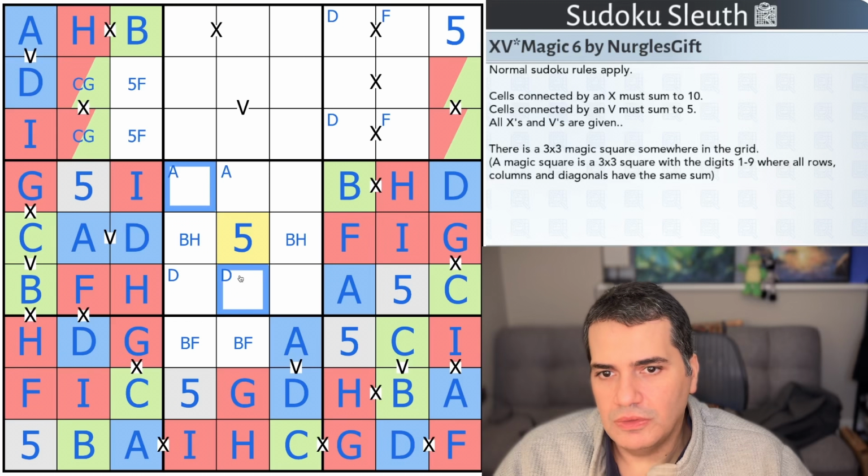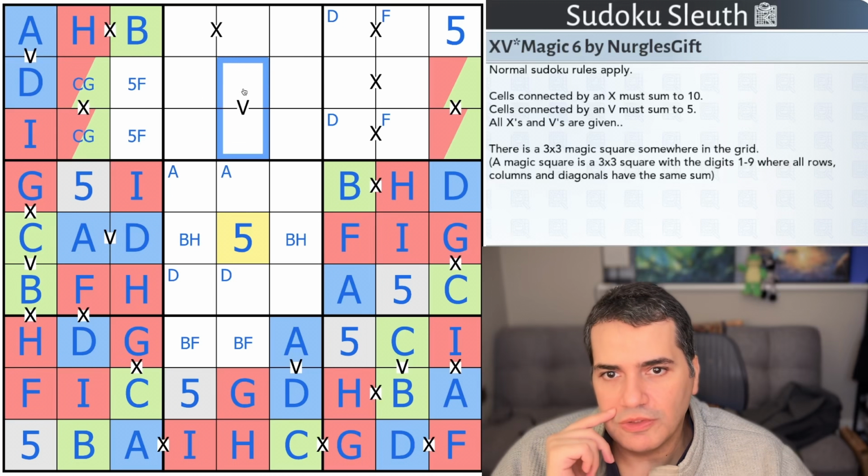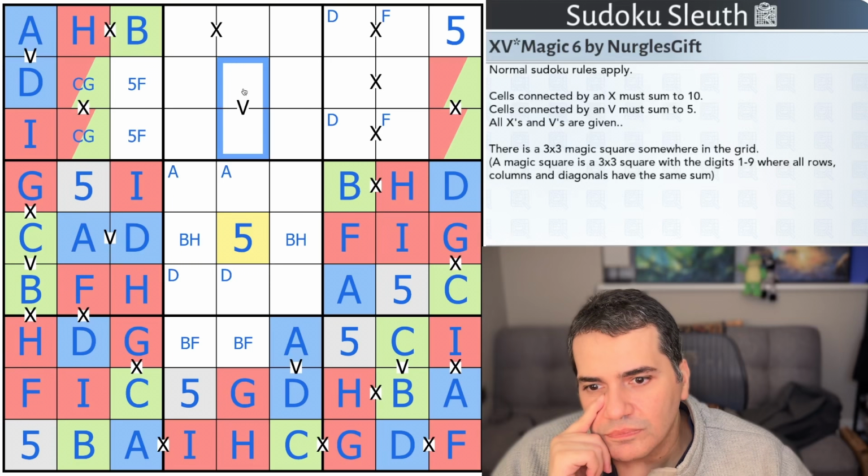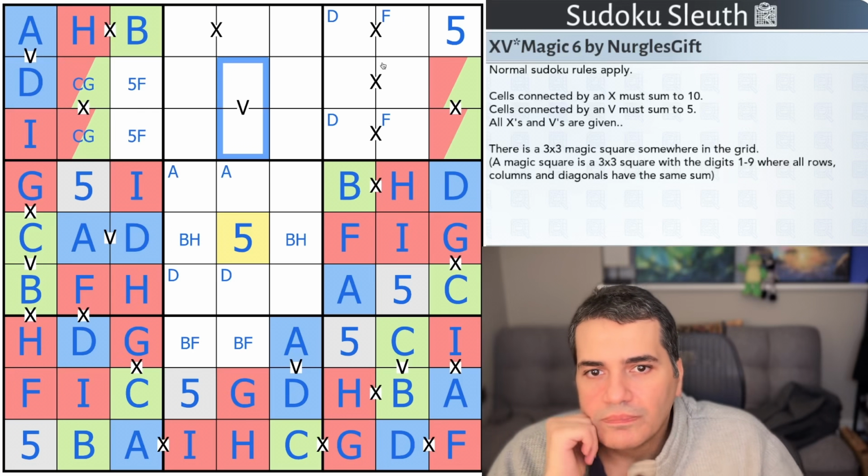So A and D, remember, they're in different cells. So one of them is definitely not in here. Where am I going with this? Do I need to do the magic square?